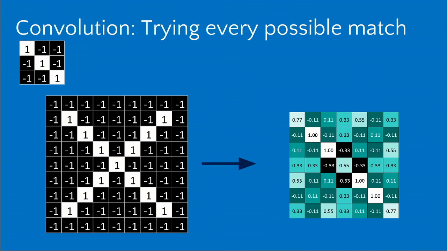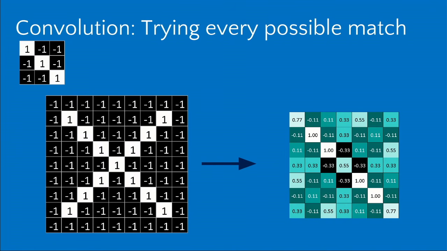It turns out you can go through and do this for every possible location in the image. You can chop it up into every possible image patch, compare the feature to each one, and here's what you would get in this particular case. This is what convolution is. It's taking a feature and applying it across every possible patch across a whole image.